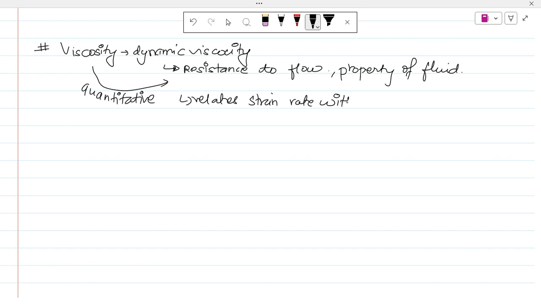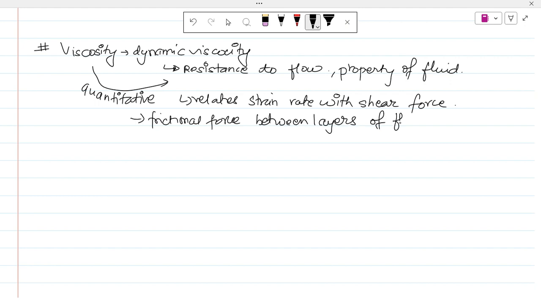The main reason behind viscosity is the frictional force that occurs between the layers of fluid.